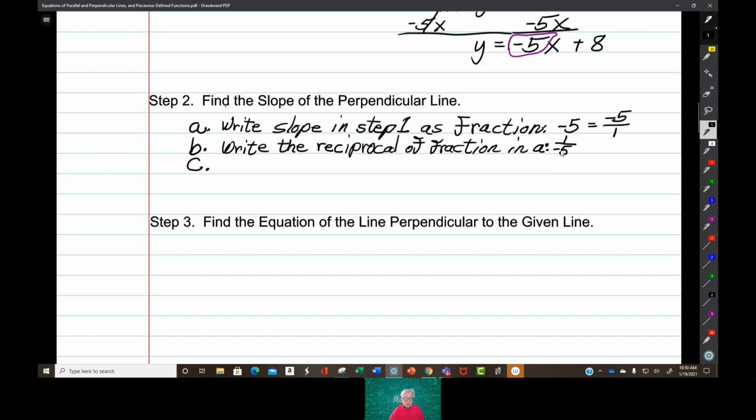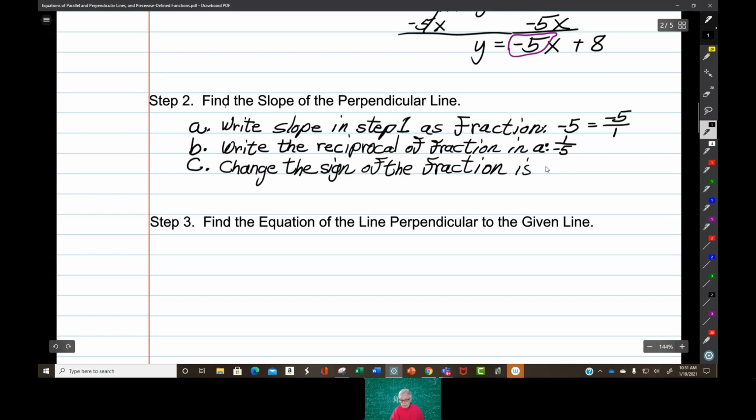Now here's step C. Change the sign of the fraction in step B. Okay, well, the fraction in step B is 1 over -5.